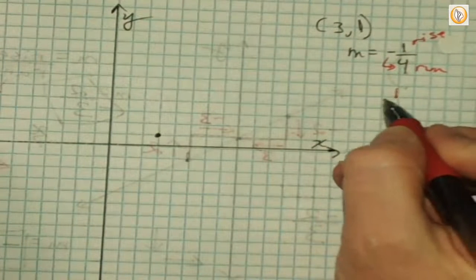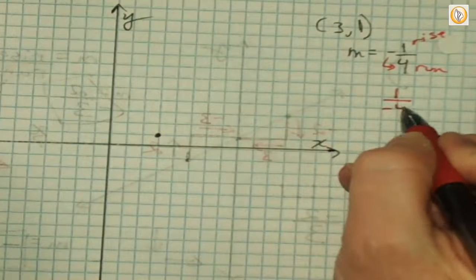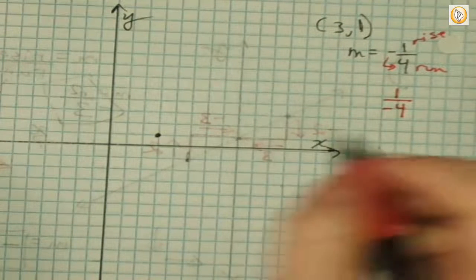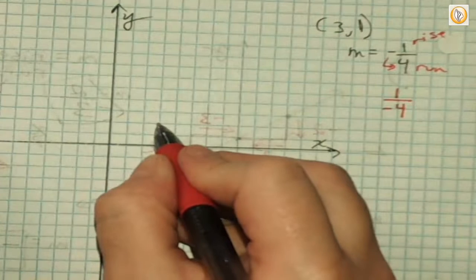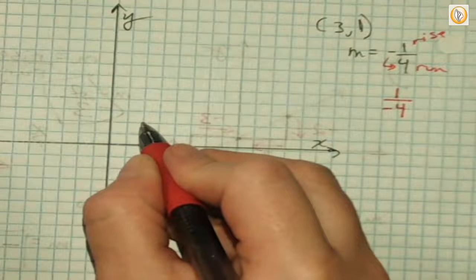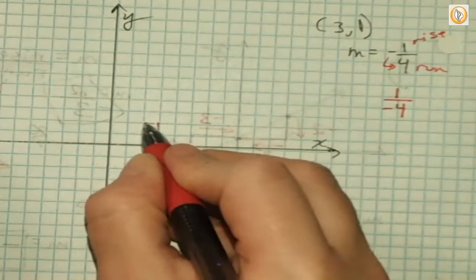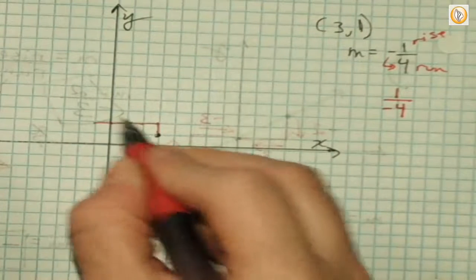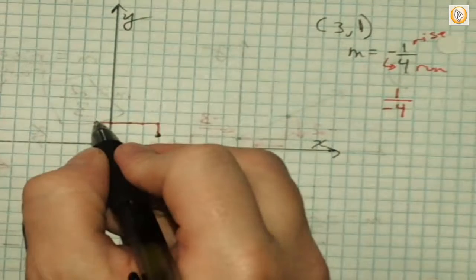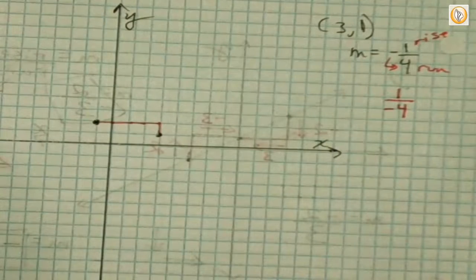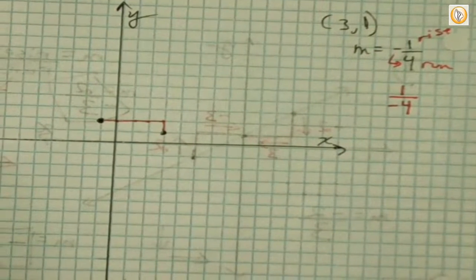So she's going up 1 and then left 4. So she's going to go up 1 and then 1, 2, 3, 4 places. And that's where the next one is.